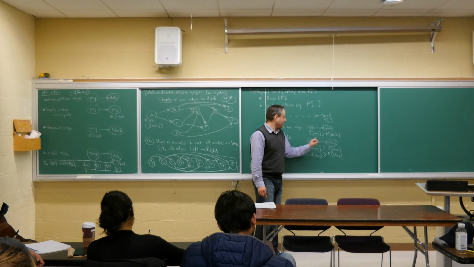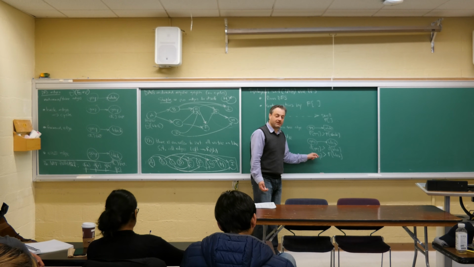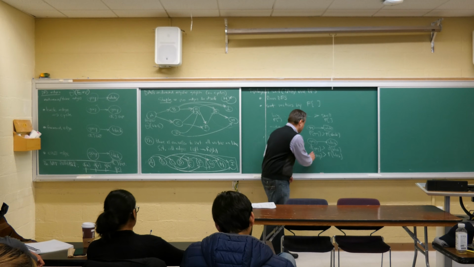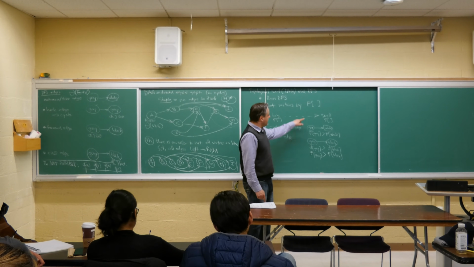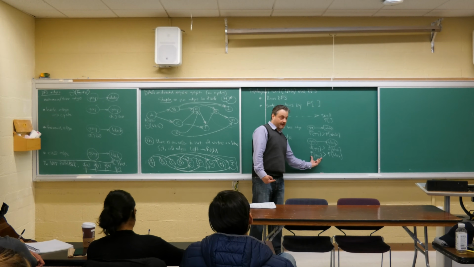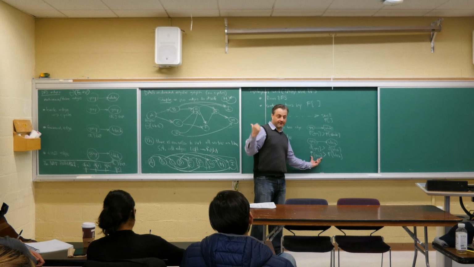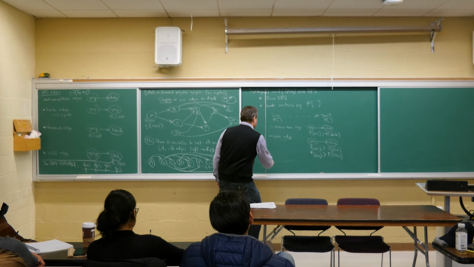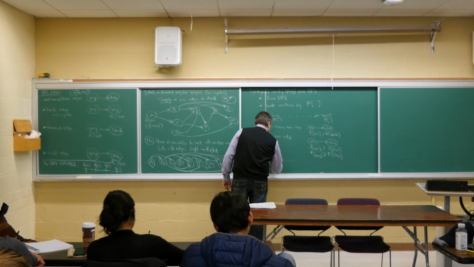Just because this one's black and this one's gray means this one's finished already and this one's not finished yet. So this finishing time will be larger. So is that okay for my sorting? Is the edge going to go left to right? This F is going to be bigger, therefore on the left side. And the last one that we need to consider? Forward.